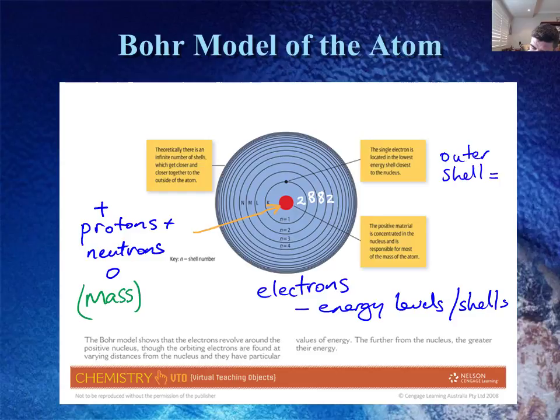This is often referred to as the valence shell. And this is because this is the one that tells us how the atom is going to behave in terms of whether it gains or loses electrons, or is prepared to be involved in sharing electrons with other atoms.